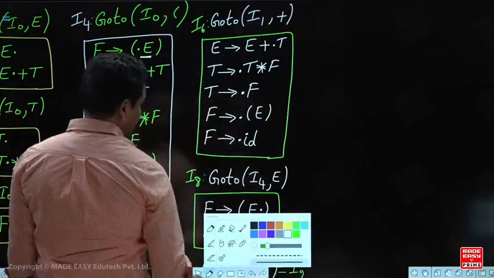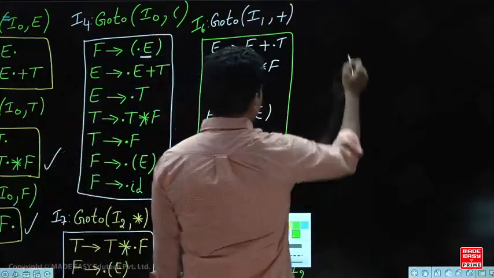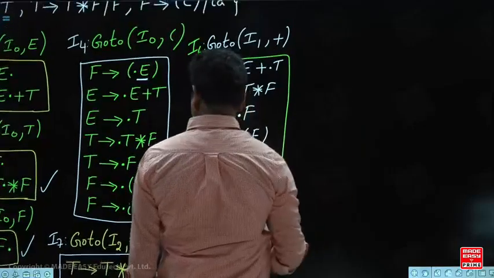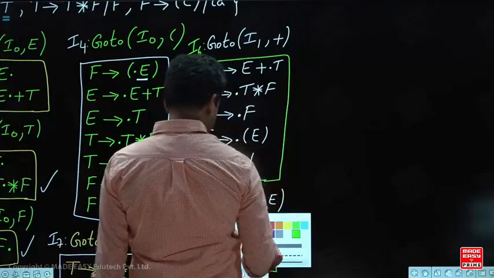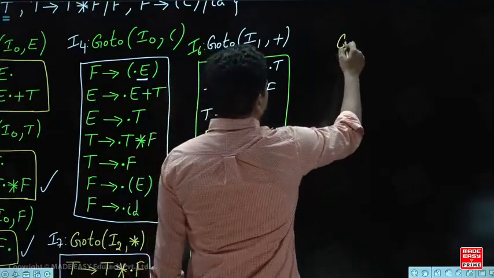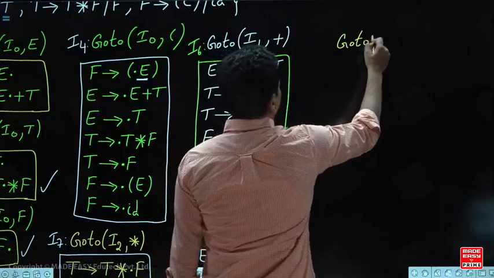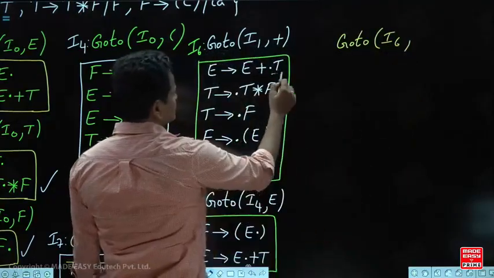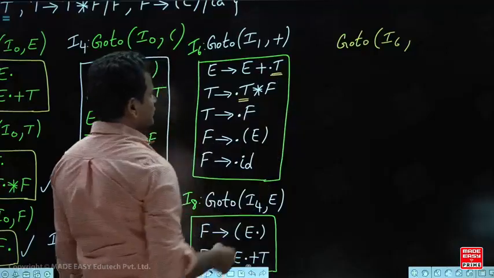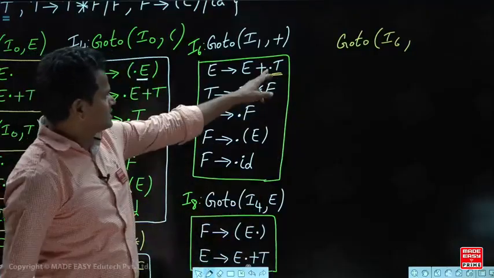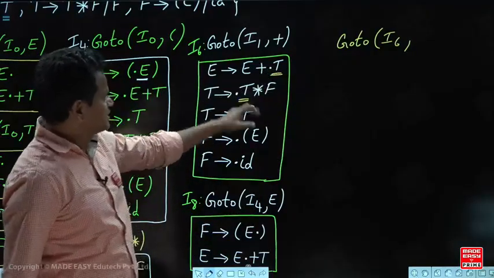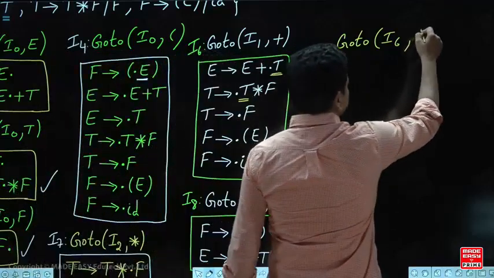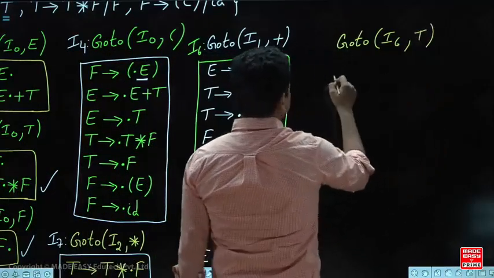Then come to I6. This is I6. Go to of I6, and what is the symbol? This is T and this is T, both are the same. The shift symbol is T. So I6 comma T. What will you get?